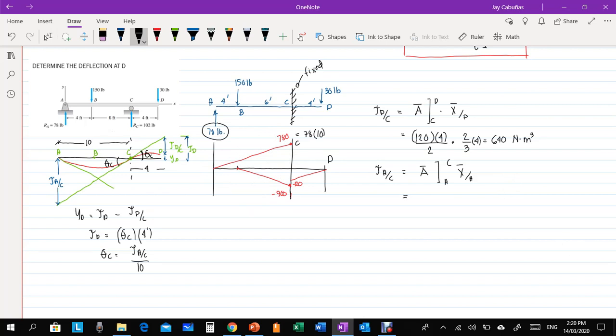That is just 1/2 times 780 times 10 times 2/3, 2/3 of 10. Minus 1/2 of 900 times 6, the centroid distance from A. So from the centroid, times 4 plus 2/3 of 6.